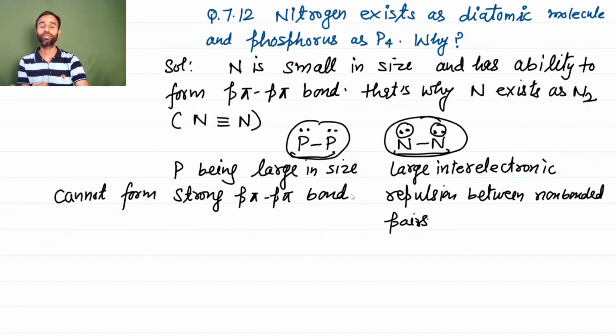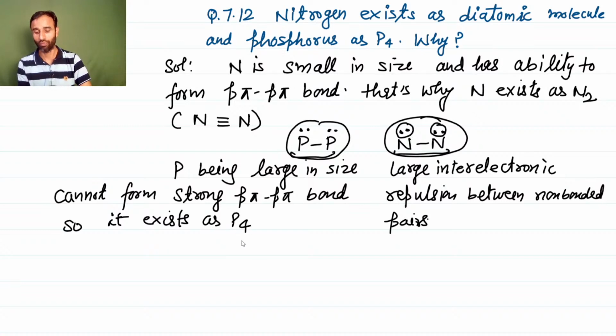It has ability to form single bonds. It satisfies valency by forming pp single bonds. So it exists as P4. Phosphorus that form single bonds like this.